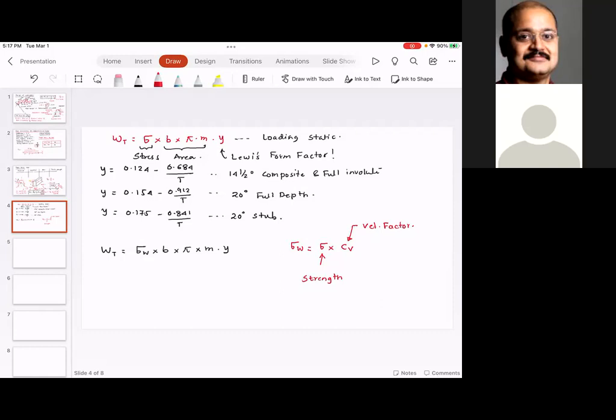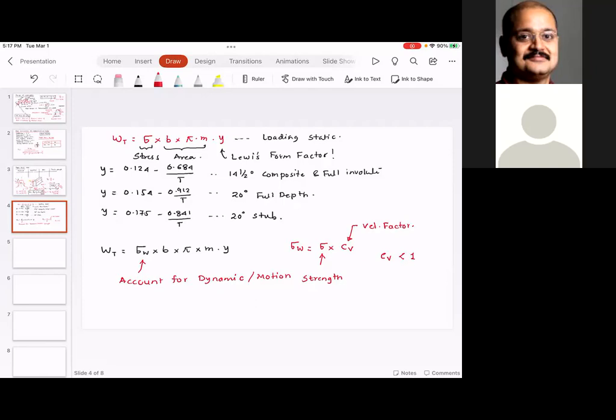So in this equation, you would use sigma W, and this sigma W is to account for dynamic effects or motion effects. Now, CV is less than 1.